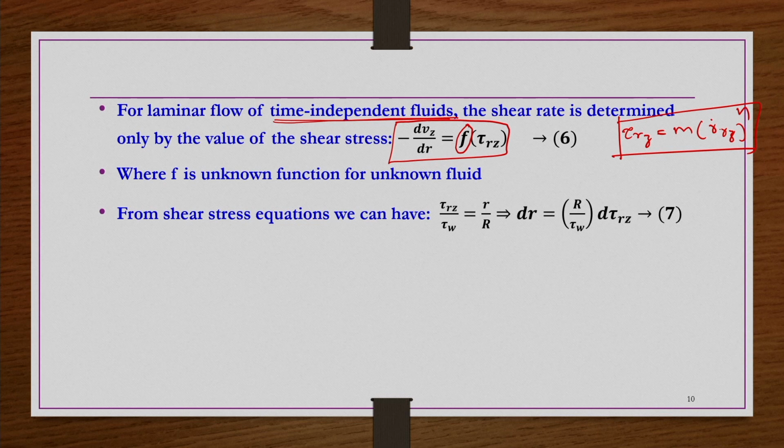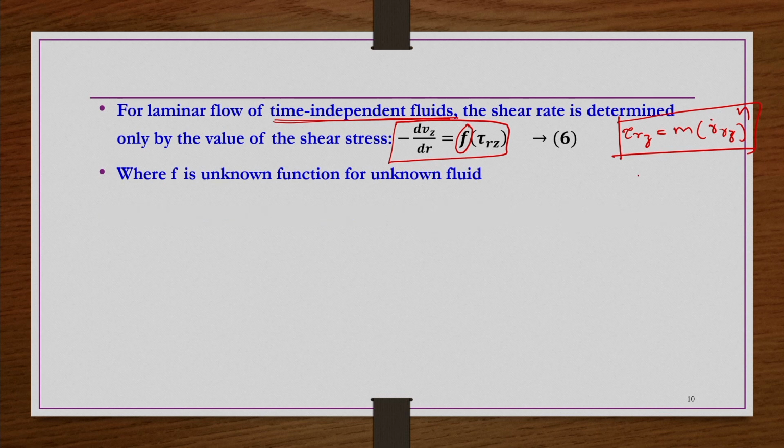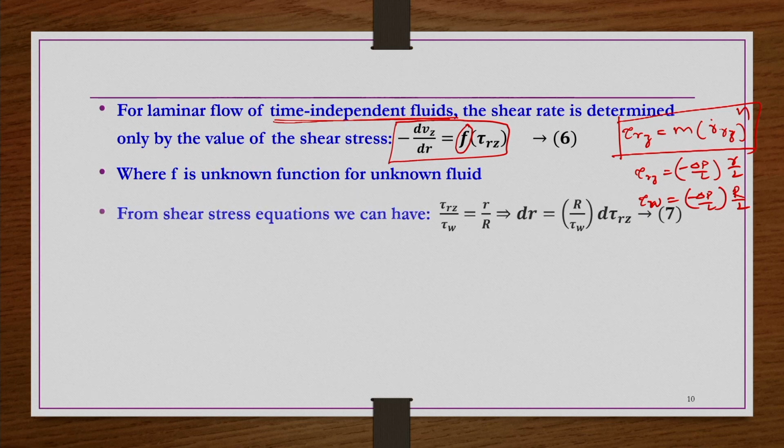Further, what we have seen is tau Rz equals minus delta p by L times r by 2, equation number 1, and equation number 2, tau w equals minus delta p by L times capital R by 2. If you divide tau Rz by tau w, you will have small r by capital R. Here tau w is constant, capital R is constant, and tau Rz varies as r varies.